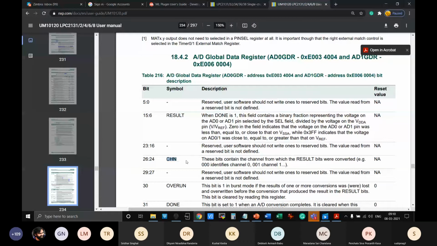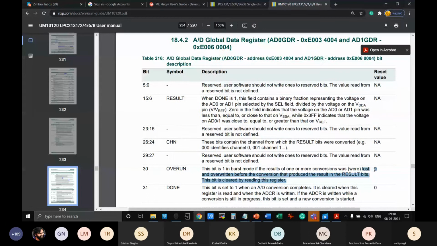So if you keep on doing conversions but you're not reading the result on time, or not getting the value copied on time, the microcontroller keeps track of that. That is called an overrun condition. It indicates whether you have already started losing some data due to mismanagement of timing in your code.